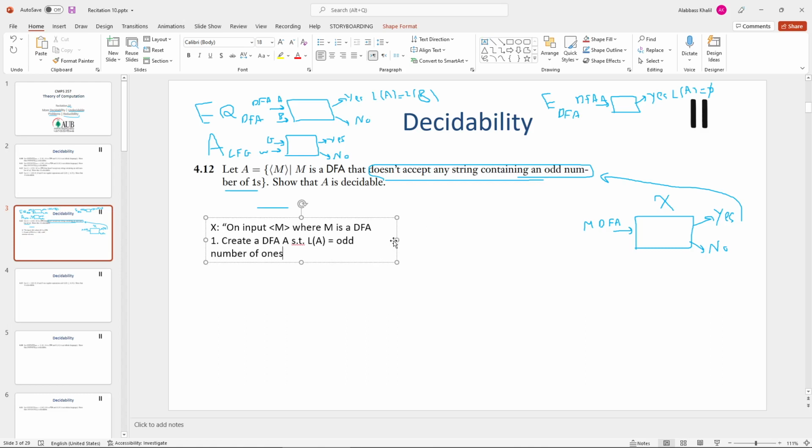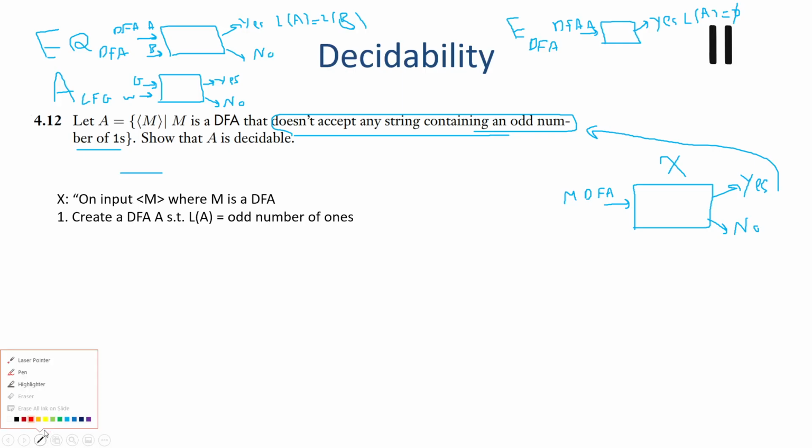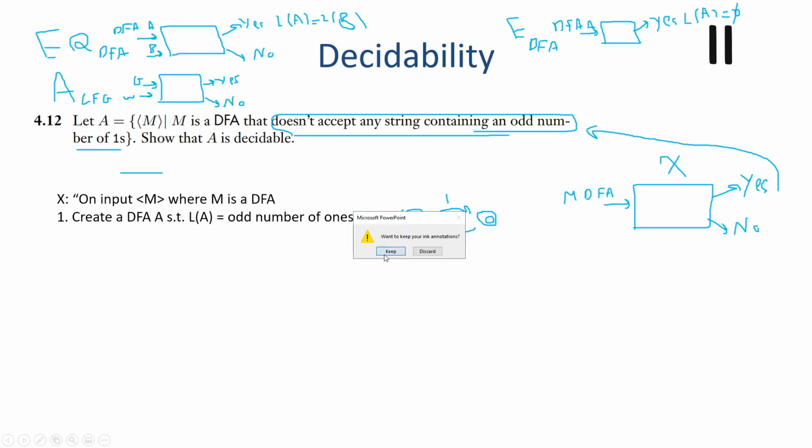Why do I want to do this? I'm making a DFA that has the language of odd number of ones. I'm not saying it contains them, I mean it's made up of only that. And that's not hard to see, right? We can draw this pretty quickly. It's this machine. Whenever you read a one, we go here, we go back here, and we accept if it's an odd number of ones. And if there's a zero, we can just self-loop. So that machine exists, not hard to draw.